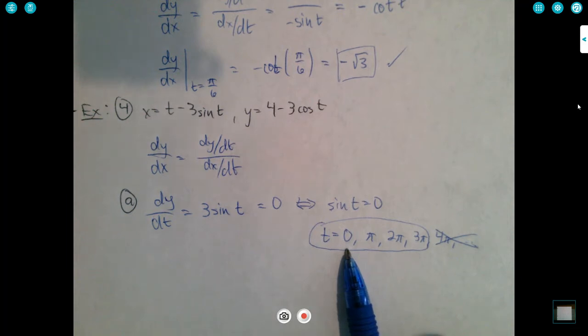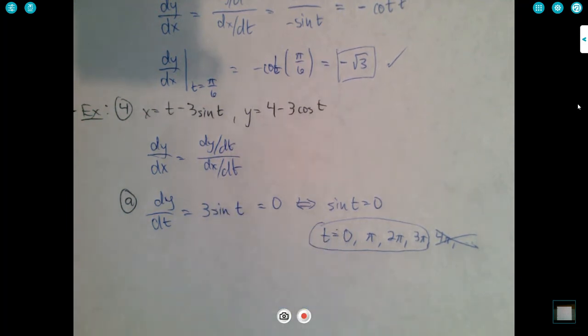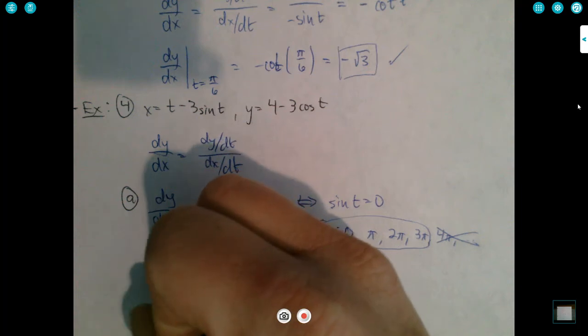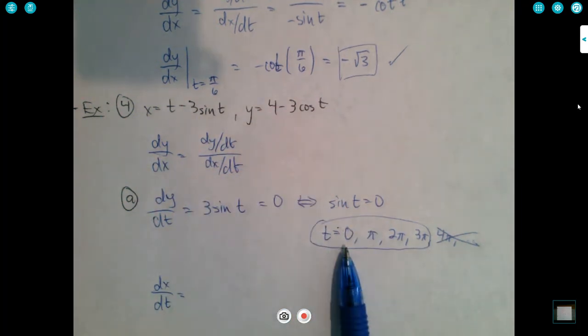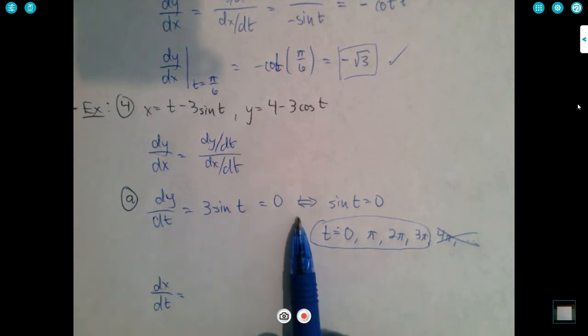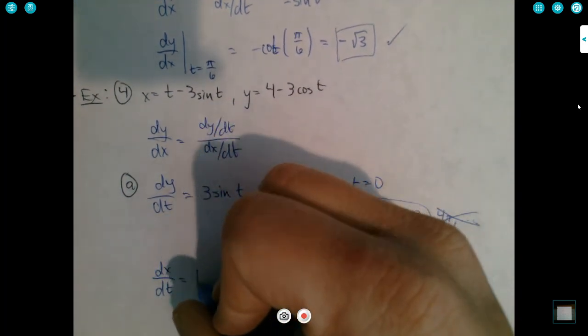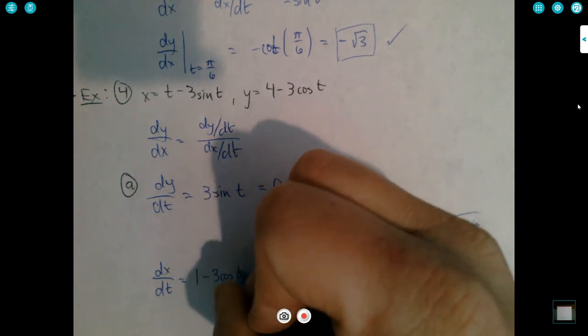Now we need to make sure that dx/dt is not also equal to 0 at any of these points. So let's figure out what dx/dt is. Because if dx/dt is also 0 at, say, 0, then you don't have a horizontal tangent line there; what you have is a singular point. So dx/dt would be 1 minus 3 cosine t.